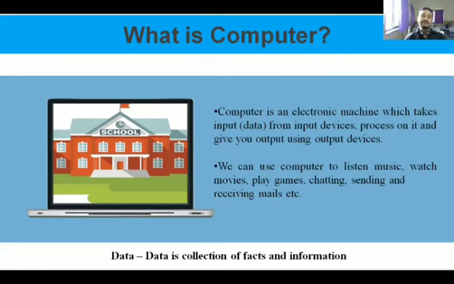CPU is your central processing unit, and using that processing unit, you are going to perform all those tasks. And using output devices like monitor, printer, projector, you are going to take your output.